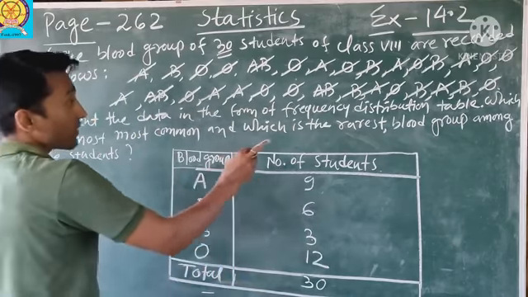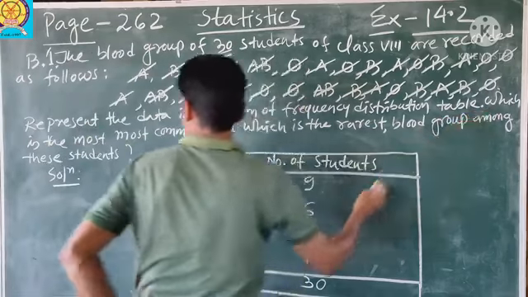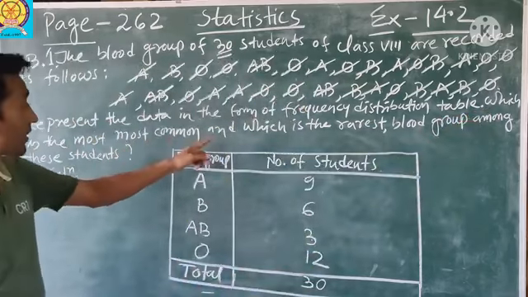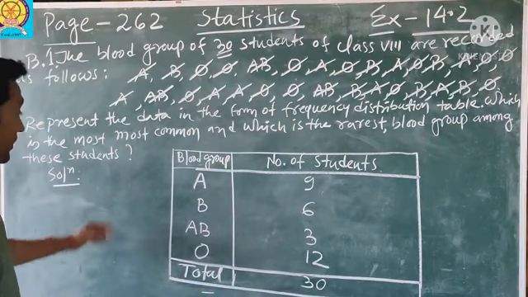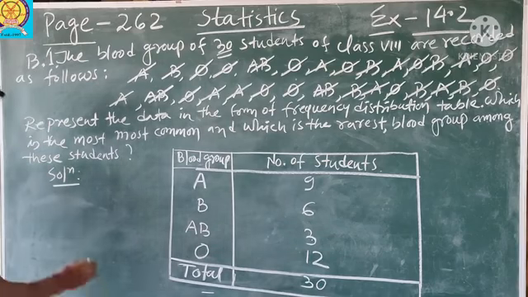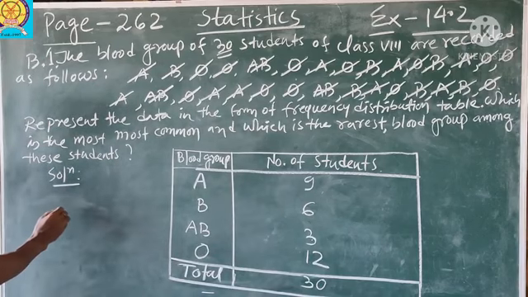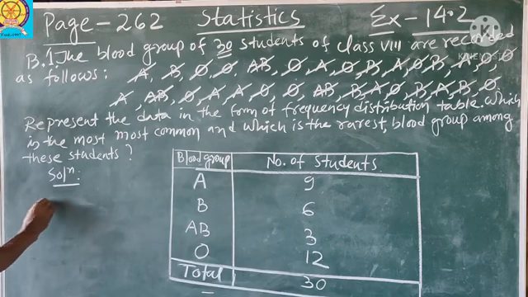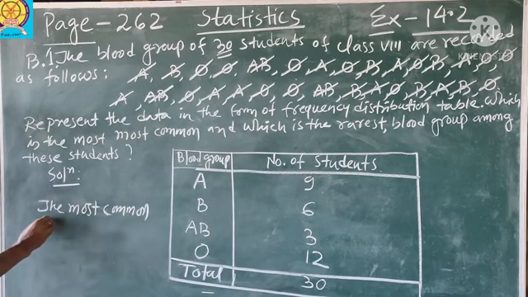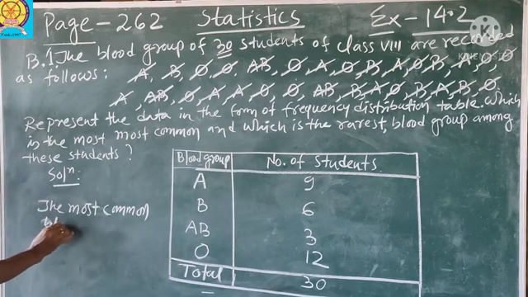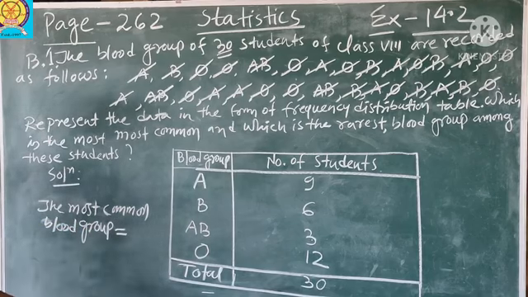Now you see the next part of the question: which is the most common and which is the rarest blood group among these students. The most common blood group: you see which one is highest?